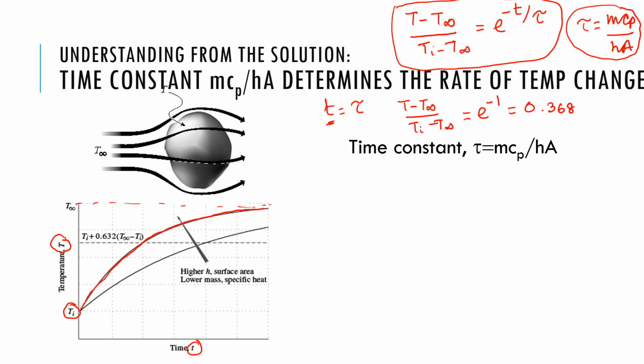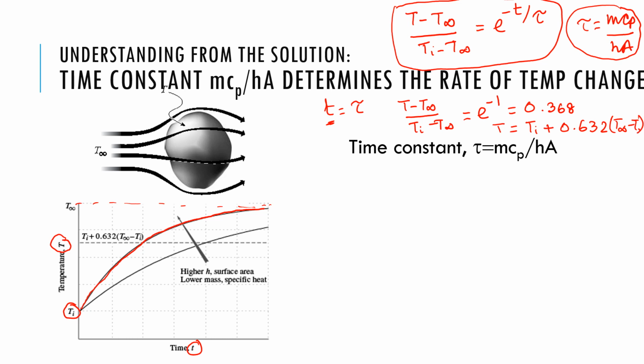So if you simplify this expression, you'll see that T is equal to Ti plus 0.632 times T infinity minus Ti.